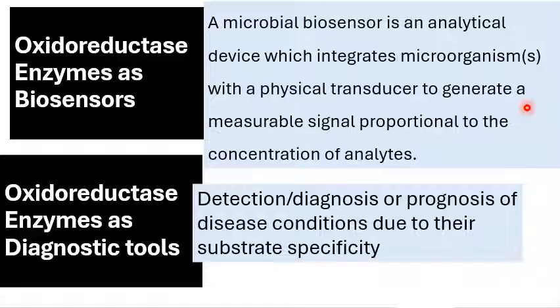And how does this work? It depends on the fact that the enzymes are present in the cells, and depending on the severity and especially the state of the disease, it could lead to an increase or decrease in the enzymes.